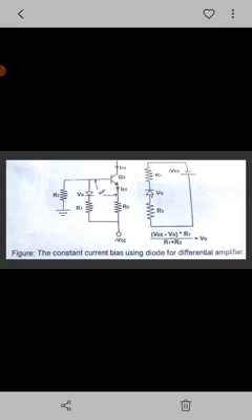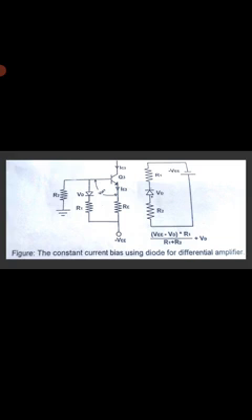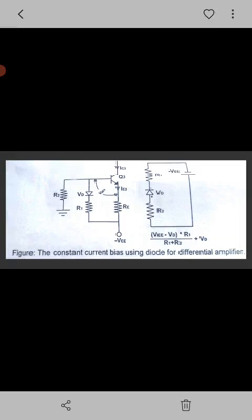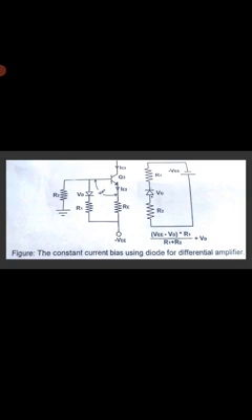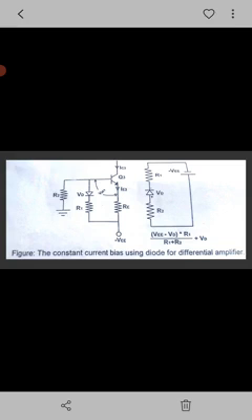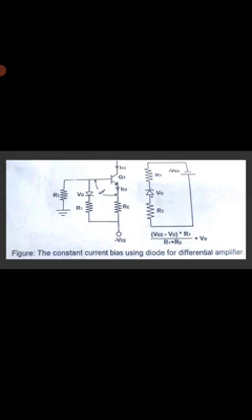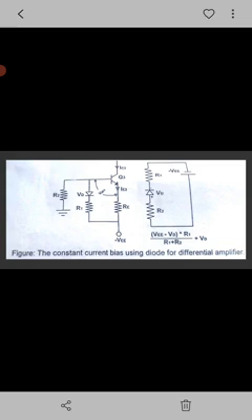Hence, two diodes are used in series for VD. In this case, the common mode gain reduces to 0.